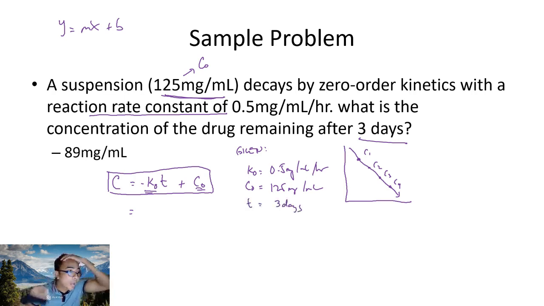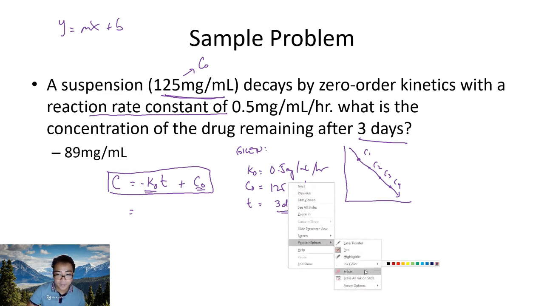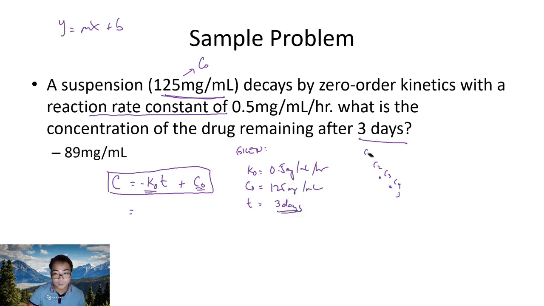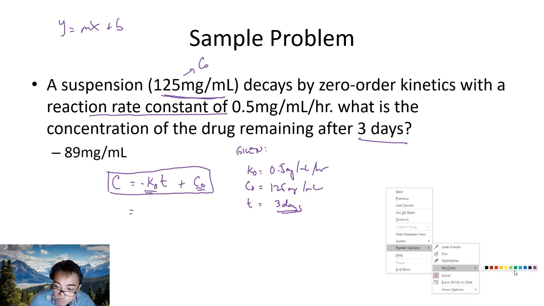Now class, when writing your given, what should you always remember? What we should always remember, class, is that all the units of my given are cancelable. Milligram per ml per hour, but this one is in days. So what should I do with the value of this? Very good, I need to convert it so I won't have a hard time later when I apply the values to my equation.